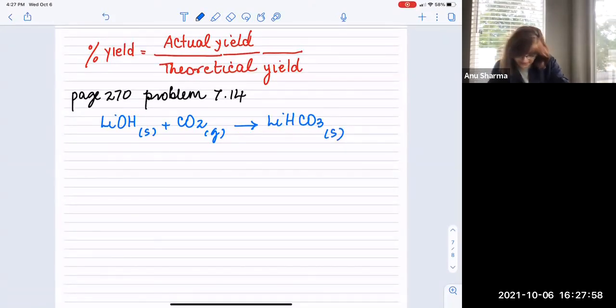So that's fine. Next, as usual, let's write down the molar masses.